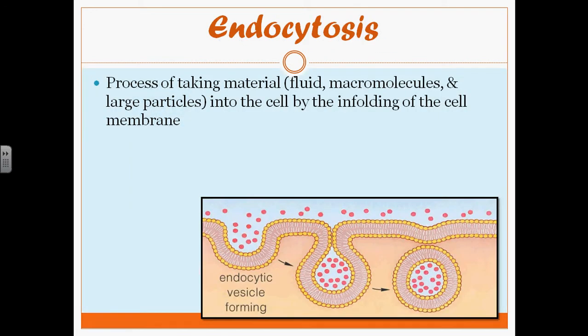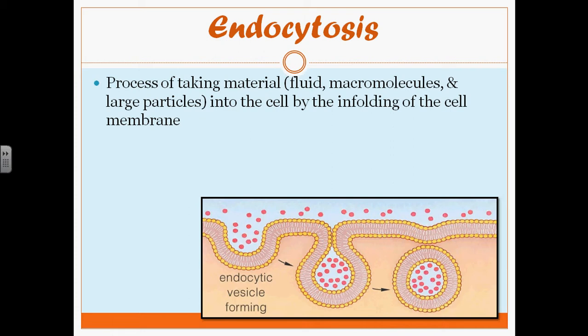So endocytosis. As we said, endocytosis is a process of taking material, which could be fluid, macromolecules, which just means large molecules, and large particles, into the cell. This is done by the infolding of the cell membrane. If you look down at this picture, you can see the phospholipid bilayer, or the cell membrane, making a dip in. As you see in the second part of that image, that actually closes off and then it pinches off.